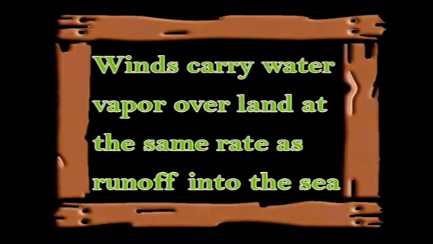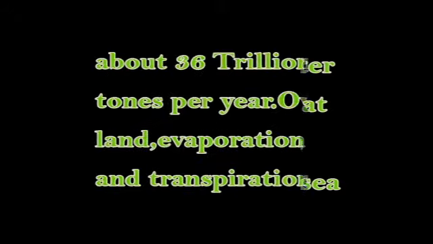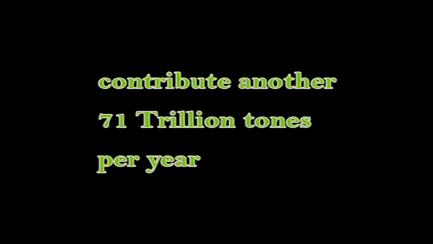Most water vapor over the oceans returns to the oceans, but winds carry water vapor over land at the same rate as runoff into the sea, about 36 trillion tons per year. Over land, evaporation and transpiration contribute another 71 trillion tons per year.